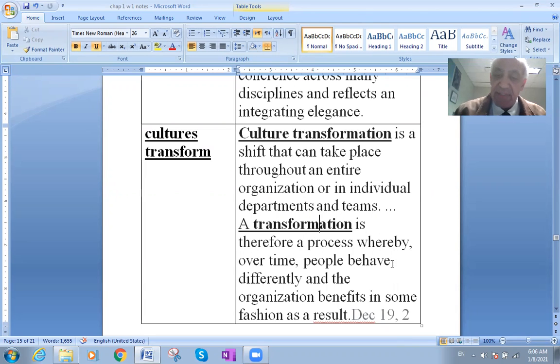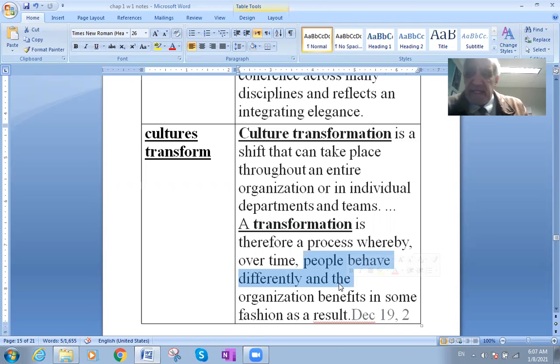It is therefore a process whereby over time people behave differently, slightly or deeply differently than what they used to do two or three decades before. People's behavior will change in the long run, and their culture sometimes changes in the long run.